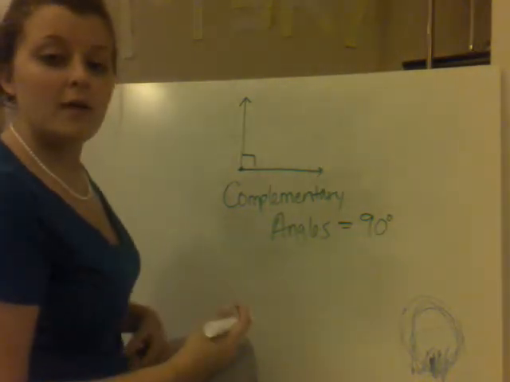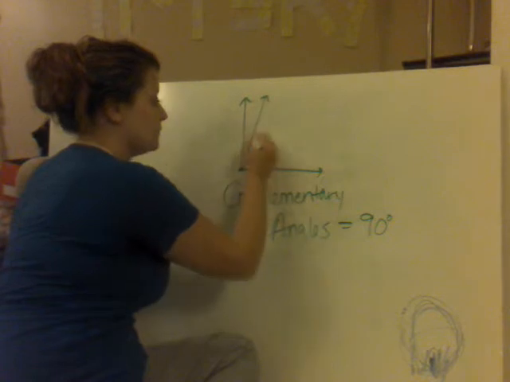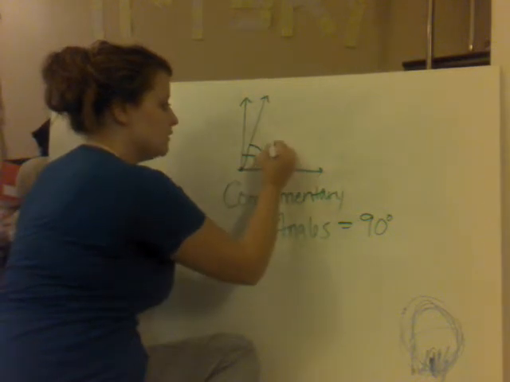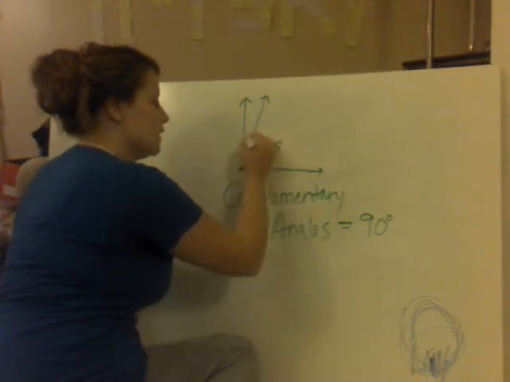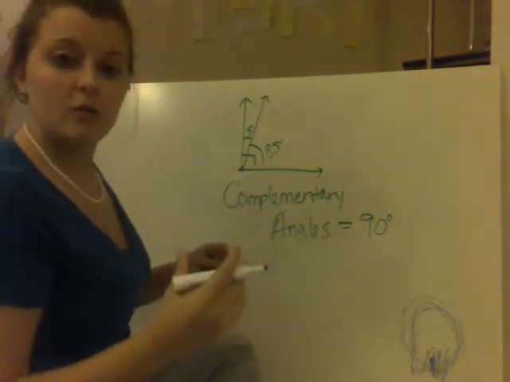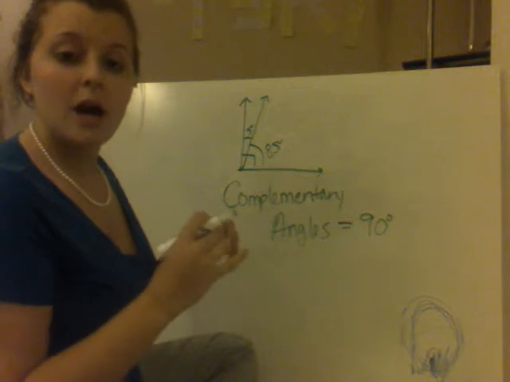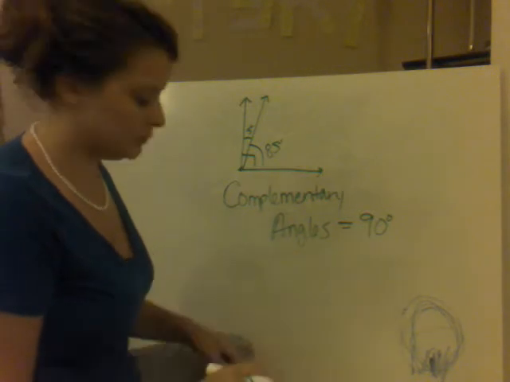It doesn't matter how they equal. I could have an 85-degree angle and just a 5-degree angle, as long as they equal together, when they are totaled together, 90 degrees. 90 degrees, complementary angle.